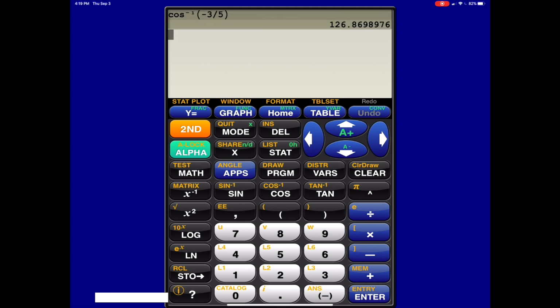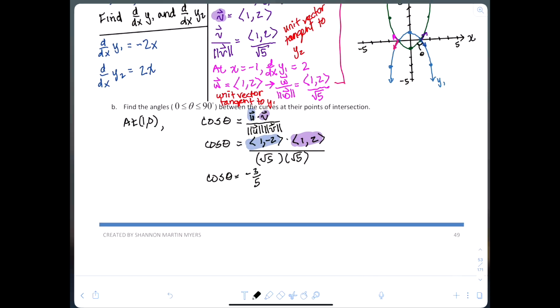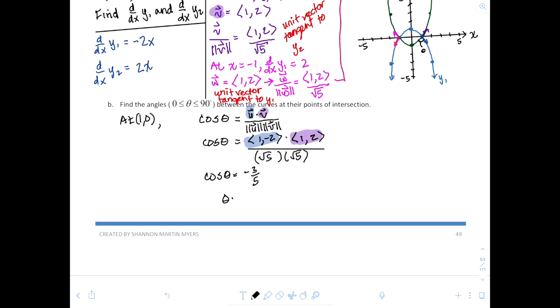That's approximately 126.9 degrees. So theta is approximately 126.9 degrees, but we want theta to be between 0 and 90 degrees.